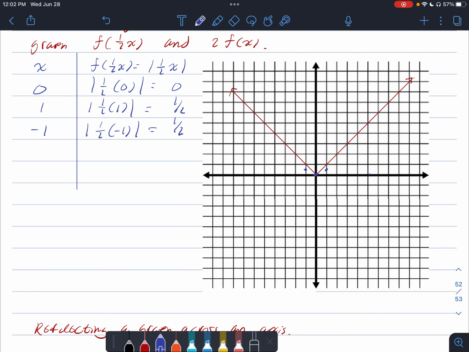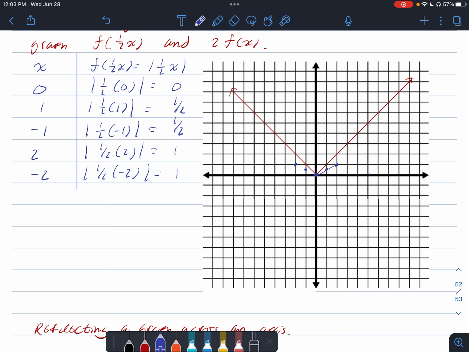And if we do 2, we'll get 1/2 of 2 in absolute value bars, which will just give us 1. And if we plot -2, we get the absolute value of 1/2 times -2, which is the absolute value of -1, which is +1. So that'll be here.